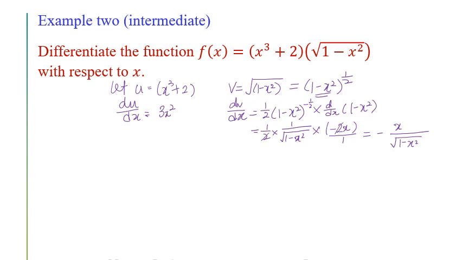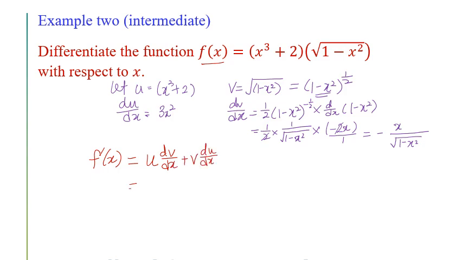All right, so now let's write down the formula. So the derivative of f of x will be f prime of x, depending on what you're given. If you're given f of x, then the derivative is f prime of x, no longer dy dx. So the formula is u dv over dx plus v du over dx.